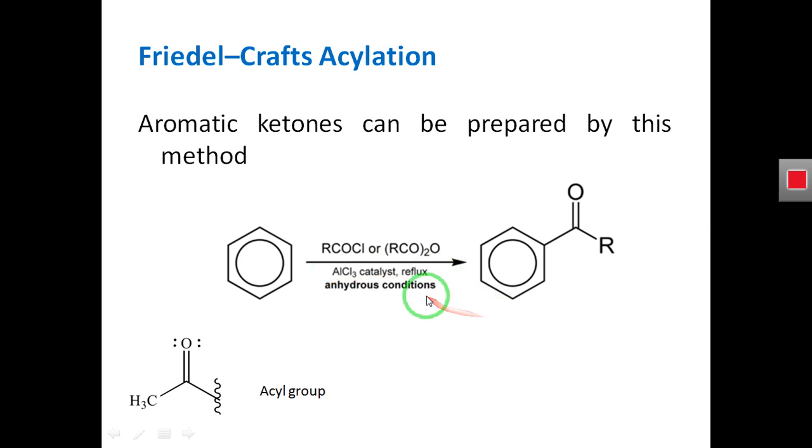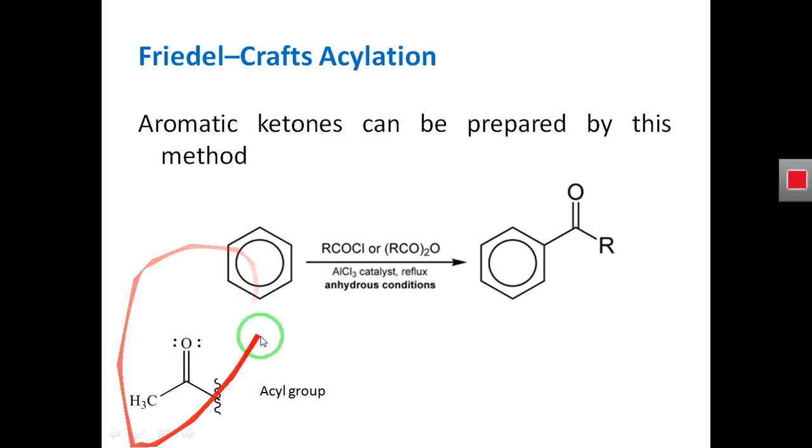So this reaction is called Friedel-Crafts acylation. Friedel-Crafts acylation is a reaction in which we add an acyl group to an aromatic compound and we get an aromatic ketone. So this is an aromatic compound. Do you know what aromatic compounds are? I previously discussed with you that aromatic compounds are all those compounds having a cyclic ring structure with a conjugated double bond system.